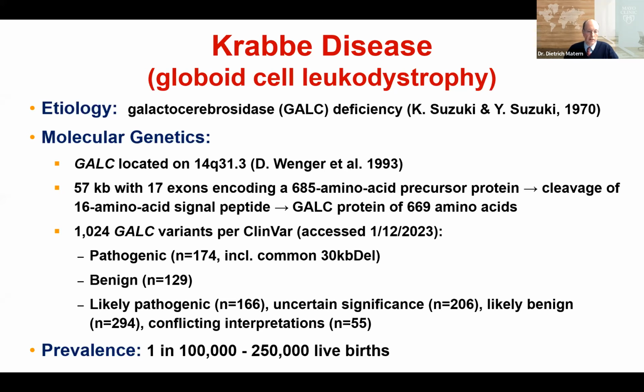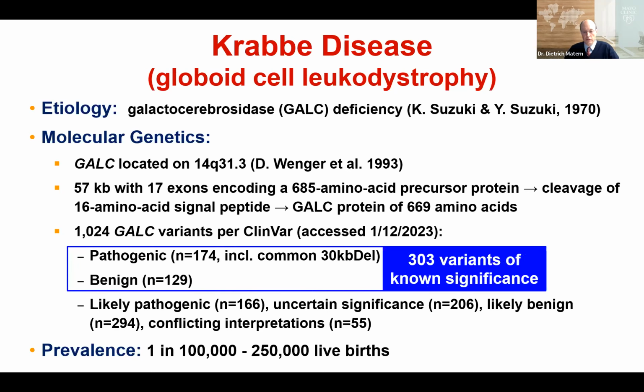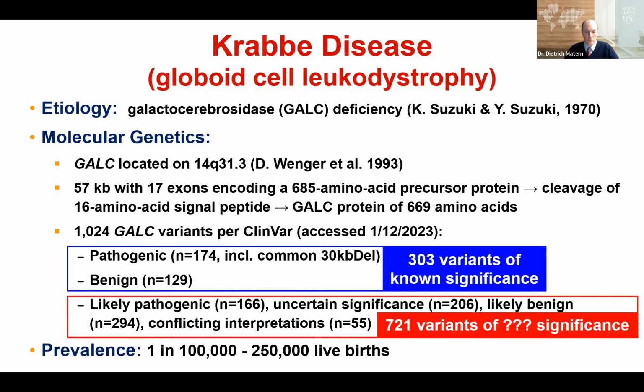And then there are 129 that we know are benign, which makes up about 303. So about a third of all the known variants, which leaves another two-thirds as kind of uncertain, either likely pathogenic or likely benign, or uncertain significance. We just really don't know. Or there are people who say it is pathogenic, others say it's benign.